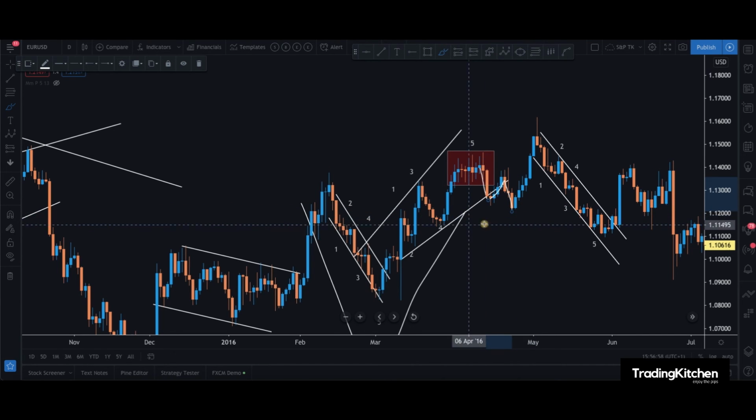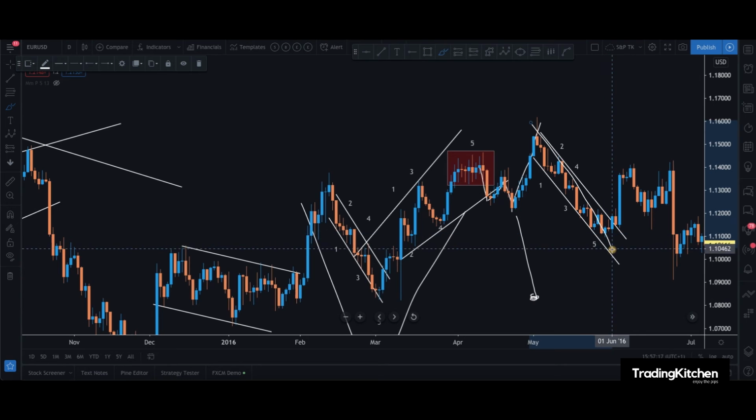Now the market will go here. Instead, the market went up. Okay, this is stop loss hunting, and then finally it moves down. As the stop loss is hunted, the market goes down.